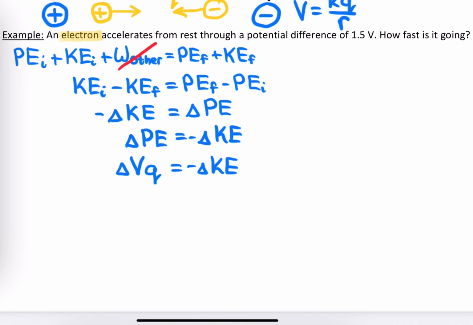Because electrons always go from low potential to high potential. At least that's the way they're always pushed. So that means our delta V is going to be positive 1.5. And the charge on an electron is negative 1.6 times 10 to the negative 19.